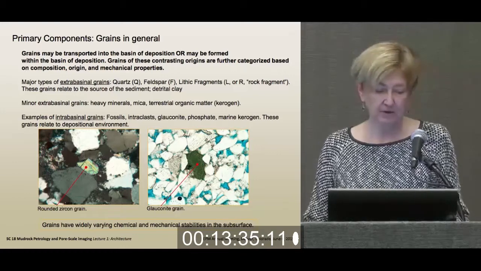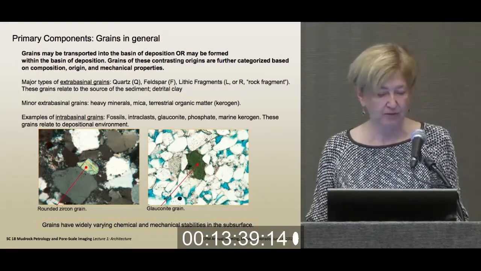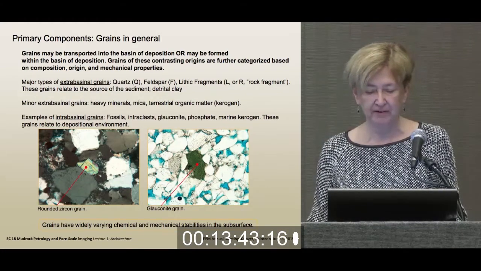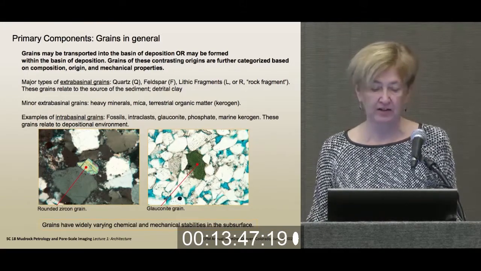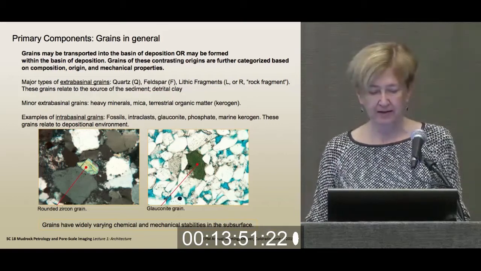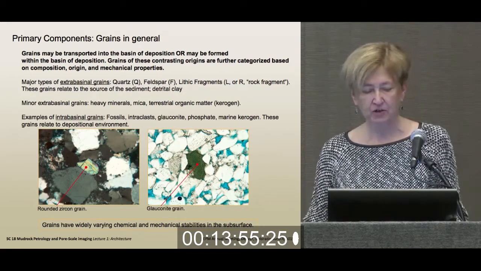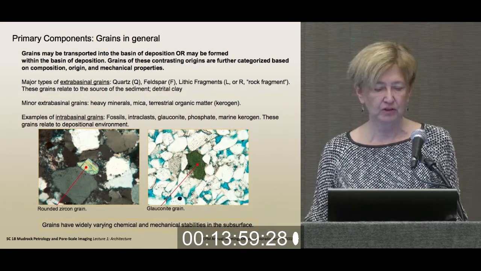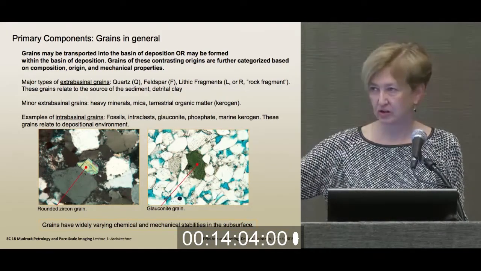There's also a really wide variety of grains born inside the basin, fossils being probably number one in the list, but you can also have a wide range of intraclasts and things like glauconite and phosphate, which form diagenetically and get reworked as particles, and marine kerogen. So in thinking about extrabasinal grains, we generally use them to make inferences about the tectonics of the source area.